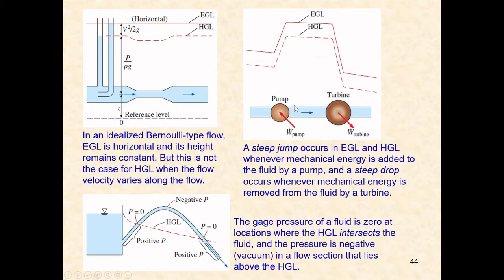And this figure here shows that when you put in a pump, you increase the energy in the system, so you increase the EGL as well as the HGL. But if you put in a turbine, you can see a steep decline. So what's the difference between pump and turbine is that a pump inputs energy into the system and a turbine extracts energy from the system.